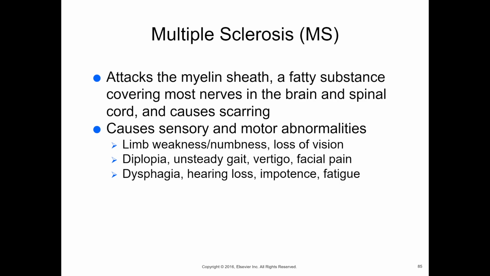They're not always there. They don't necessarily add up to anything, but eventually you get limb weakness, loss of vision, something called diplopia. You get unsteady gait, vertigo, facial pain, dysarthria, which is trouble speaking, dysphagia, trouble swallowing, hearing loss, impotence, and fatigue.